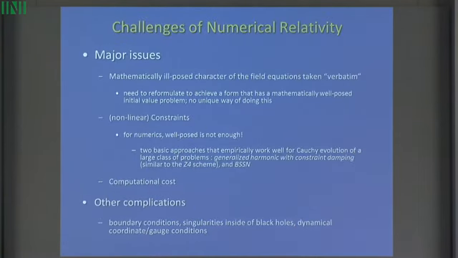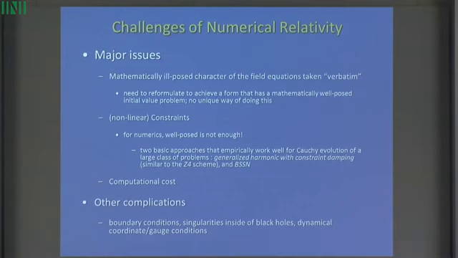So what are the main problems? I've written here the major issues. People have actually gone over all of these points, but the first two I think are to some extent solved. One is the mathematical ill-posed character of the equations if you take them verbatim, and how to massage them and come up with formulations that are amenable to a well-posed discretization and that control the boundedness of the constraints.